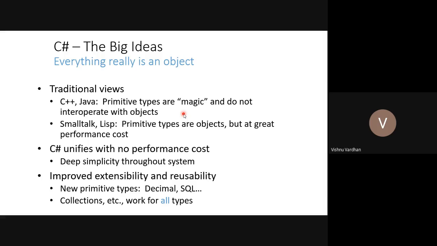One is stack based and the other is heap based. Okay, so when you declare any integer or boolean, you are basically working with primitive data types, and in C++ and Java they are considered magical parts because they are not actually objects, and they do not generally interoperate with objects.